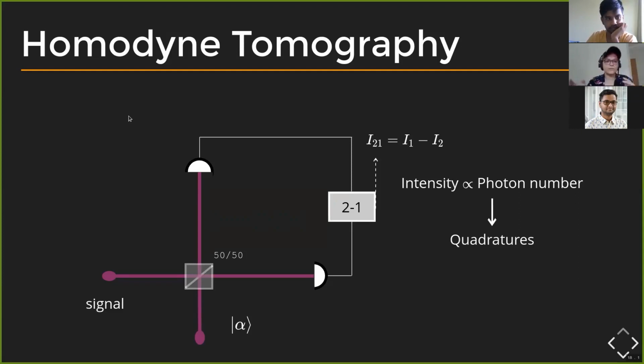And this also can be correlated with position and momentum of the electromagnetic waves. So that's where this comes from. This whole proportionality has something to do with this. Usually in optics you use this word quadratures. Quadrature is just this information about the position, momentum, and combinations of position and momentum in the phase space.